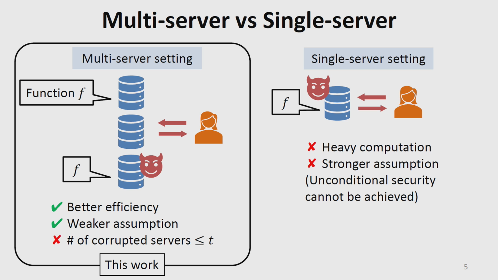On the other hand, in the single server setting, a client typically needs to perform heavy computation, such as public key operations. And also, protocols need stronger assumptions. In particular, unconditional security cannot be achieved in the single server setting. So in this work, we focus on the multi-server setting.